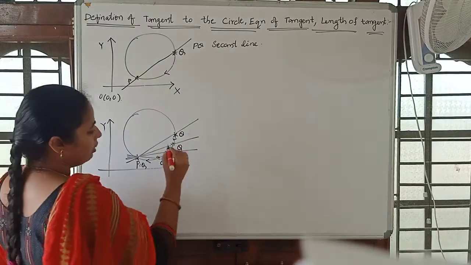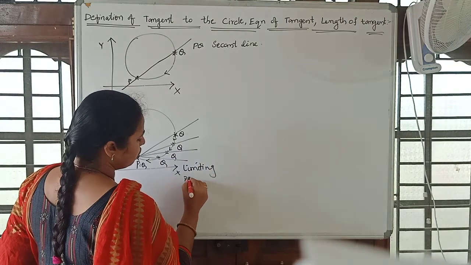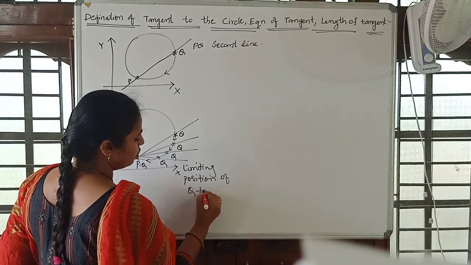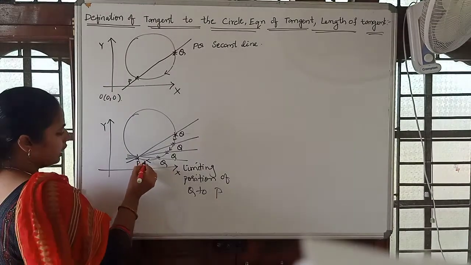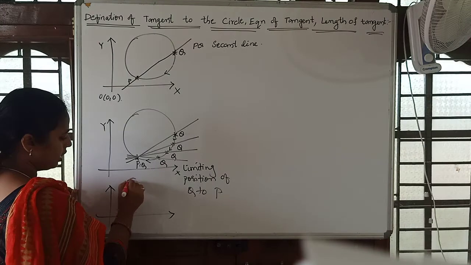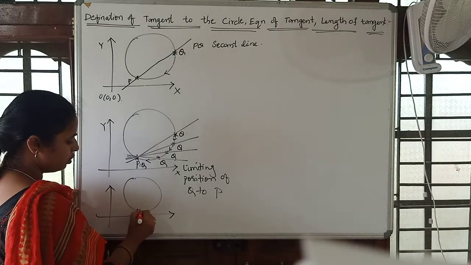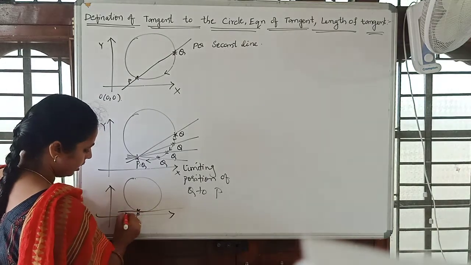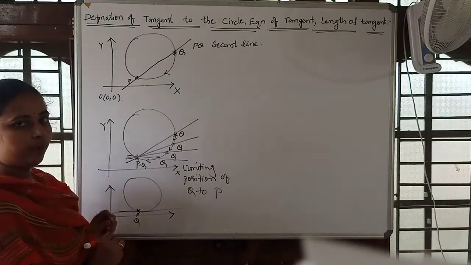This is called the limiting position of Q to P, and finally Q reaches P. Here it is P and Q also reaches P. Then this PQ line will touch the circle at one point.